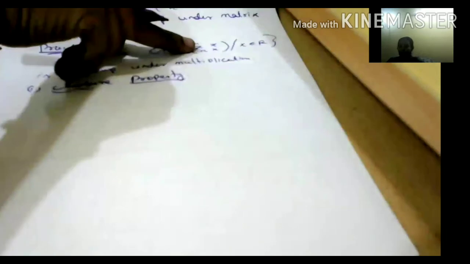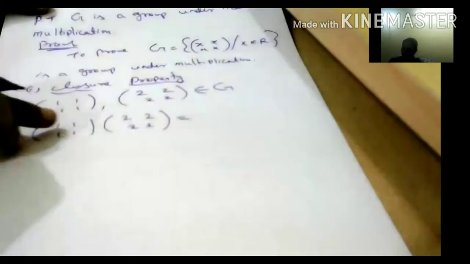Here our matrix is a 2 by 2 matrix, but the elements are all the same. I take the matrix of 1s and the matrix of 2s, which both belong to capital G. Multiply them. First row into first column: 1 into 2 plus 1 into 2, so it is 4.